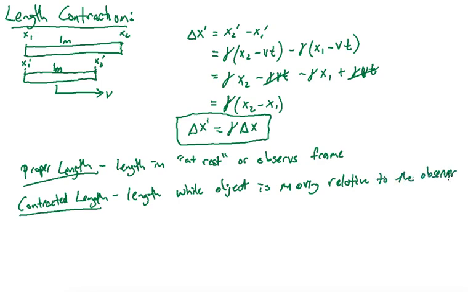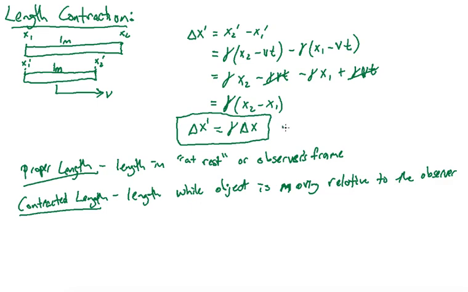When I say moving relative, I always mean relative to the observer, so it's when it's moving relative to you, in the observer's frame. So that's proper length and contracted length. The proper length is what it is if it's not moving relative to you. The contracted length is its length if it is moving relative to the observer.